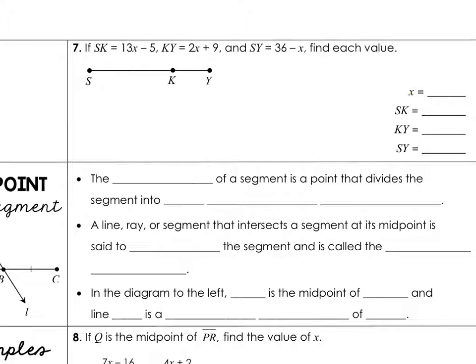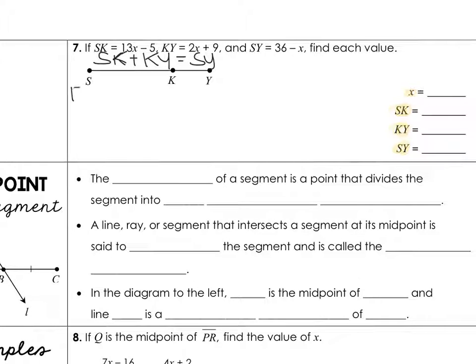It's asking to find x, then the length of SK, the length of KY, and the length of SY. The first thing we want to do before anything is write down our segment addition postulate. It is SK plus KY equals SY.